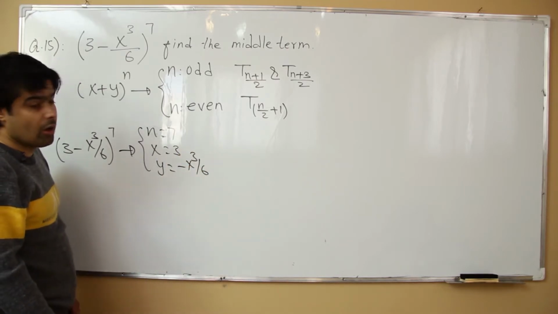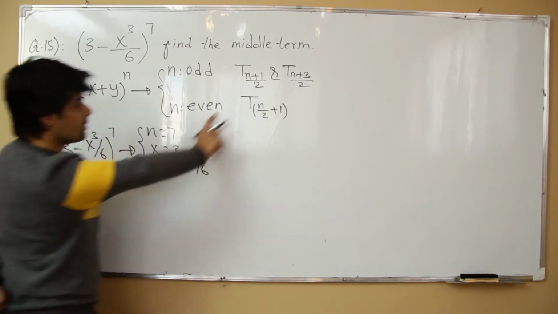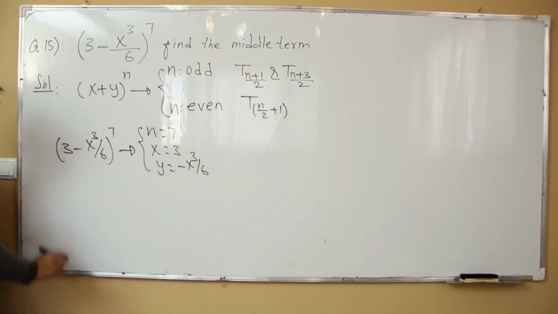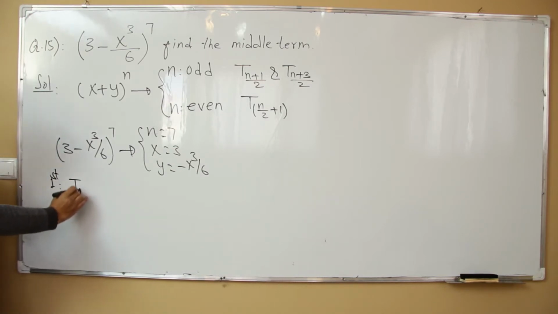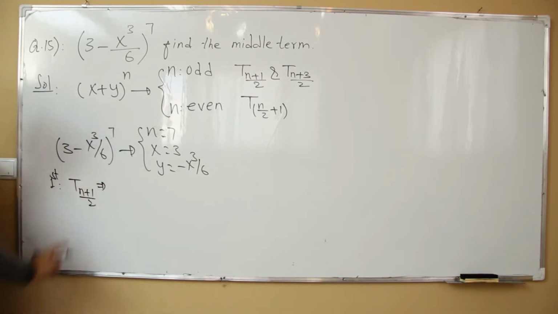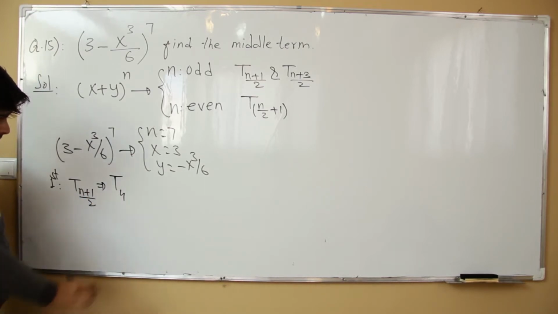Now you don't have r, but you know that 7 is an odd number. It means there are two middle terms. The first middle term is T(n+1)/2. n is 7, then 7 plus 1 is 8, 8 divided by 2 is 4. T4 is the middle term.